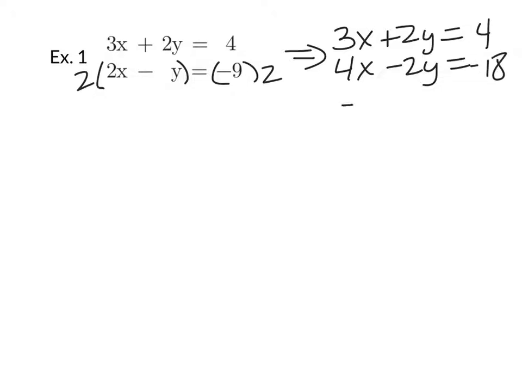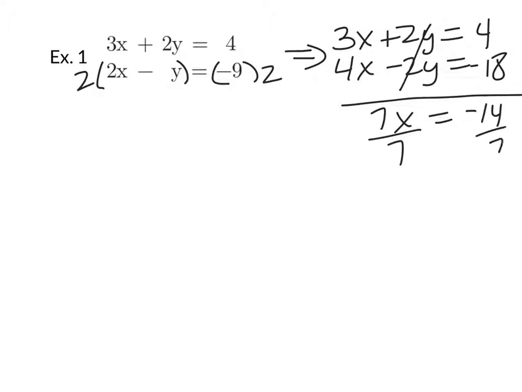Now when I add the two equations together, 3x and 4x gives us 7x. The y terms cancel out, and the constant term is 4 plus negative 18, which is negative 14. Dividing both sides by 7, I get that x is equal to negative 2.